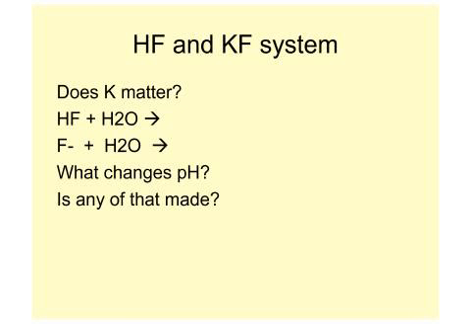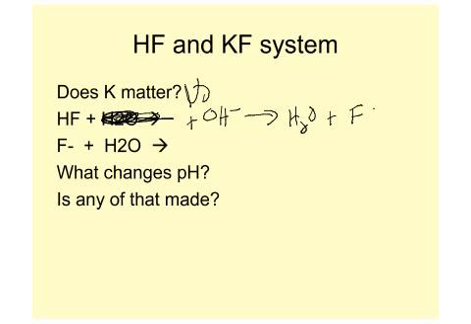HF and KF system. Does K matter? No. All you're looking at is HF and KF. So what I wanted to do here was, of course, write things better. HF plus OH negative would give me H2O plus F negative. Again, not making anything that changes pH.